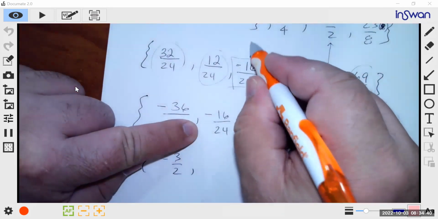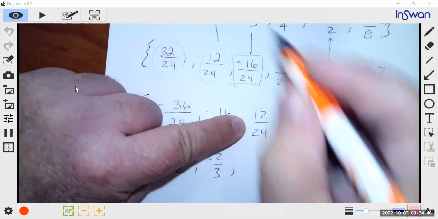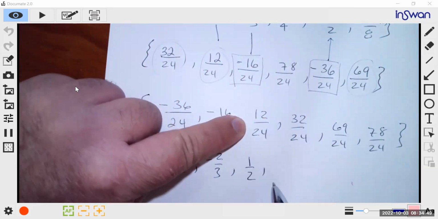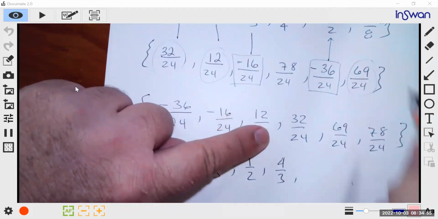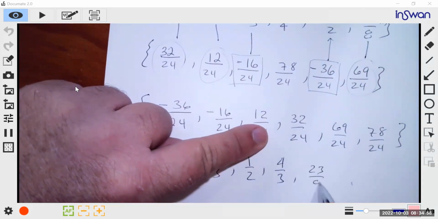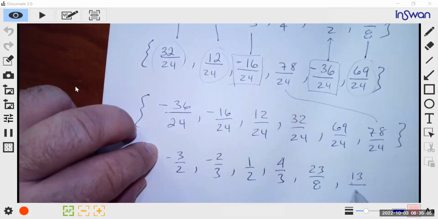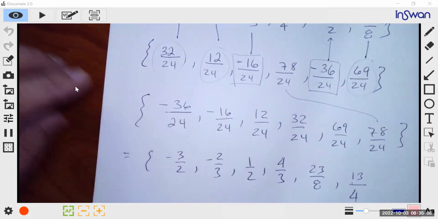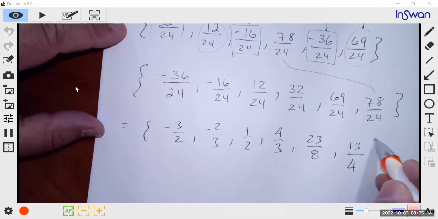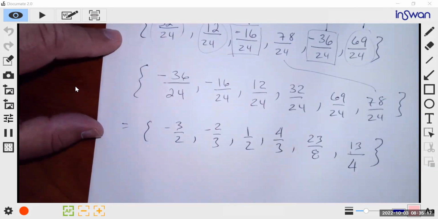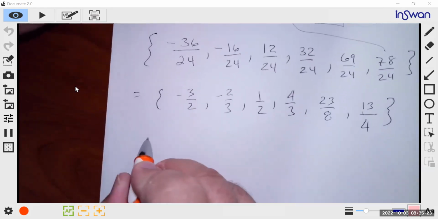The negative 16 is the third one. That's negative 2 over 3. 12 over 24 came from 1/2. 32 came from 4/3. 69 came from 23/8. And the 78 is from 3 1/4.